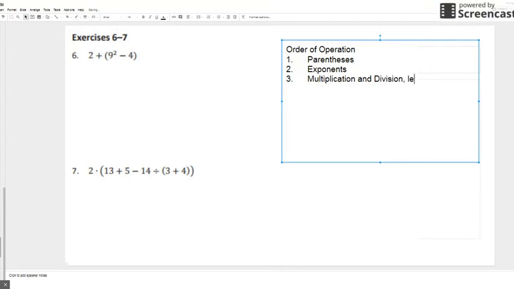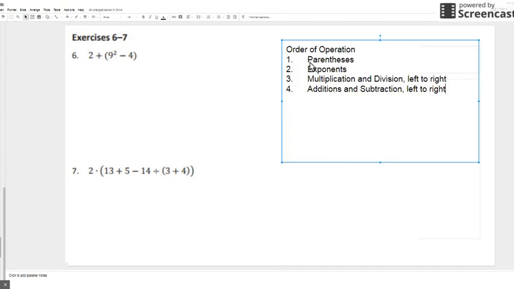And remember, these have to go left to right. And then our very last part of order of operation is addition and subtraction. All right, so I just wanted to take a moment and write these down so you have a sequence of events that you need to take care of.